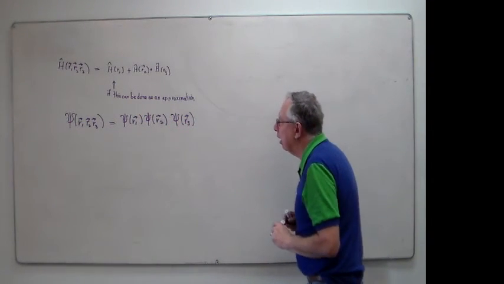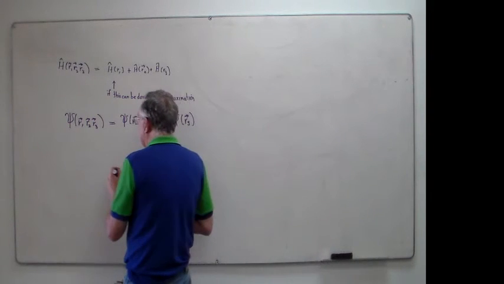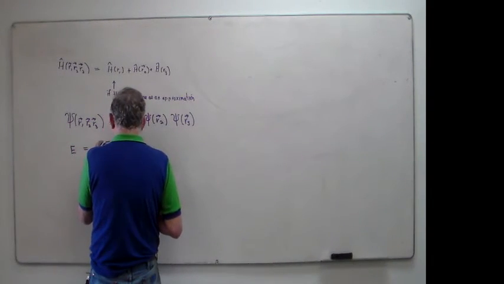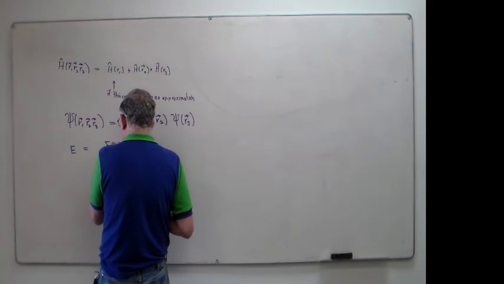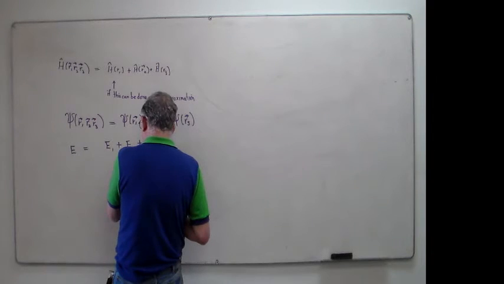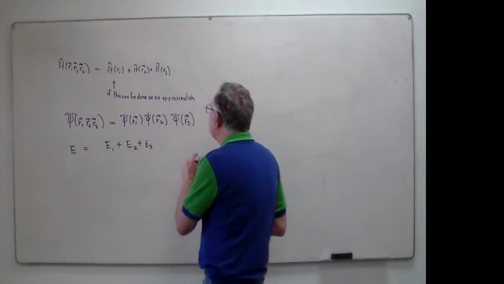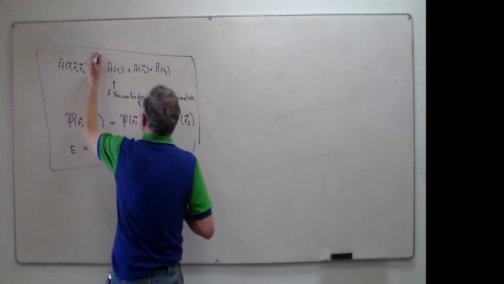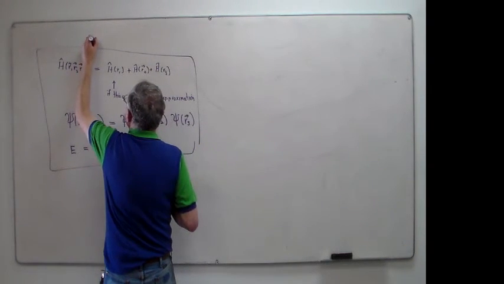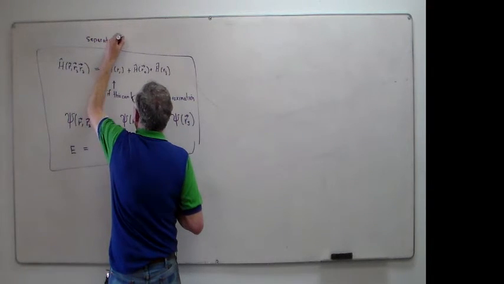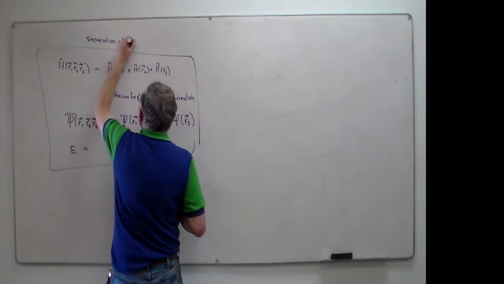And then the energy can be set up in simple terms as the energies of 1, 2, and 3. So this is separation of variables.